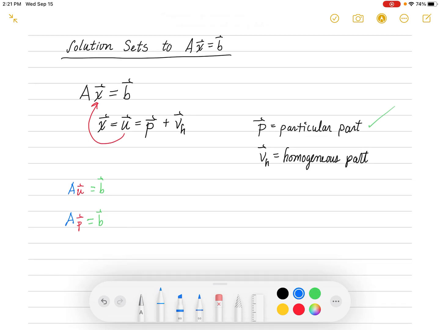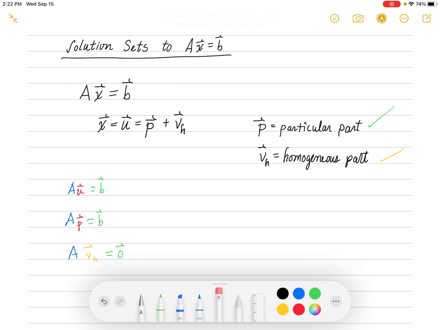Now the homogeneous part here, VH, is the one we're calling VH. When we plug VH in, let's call that yellow, that only works for the homogeneous equation. So when I take A times VH, that's going to give me back the zero vector.